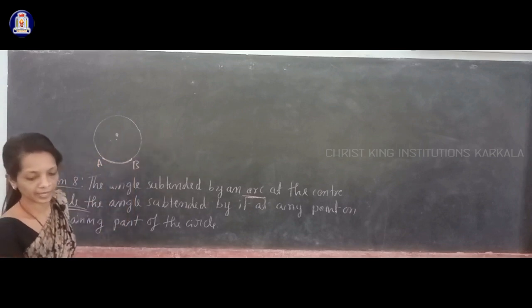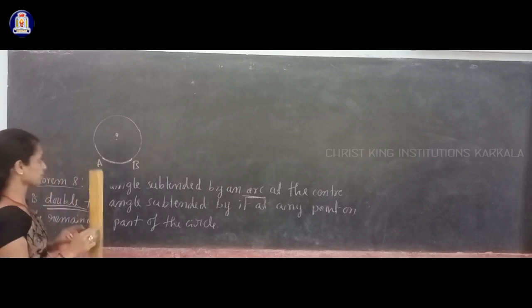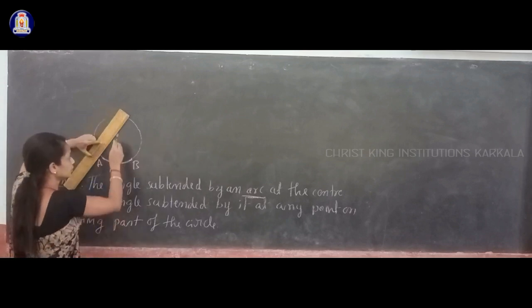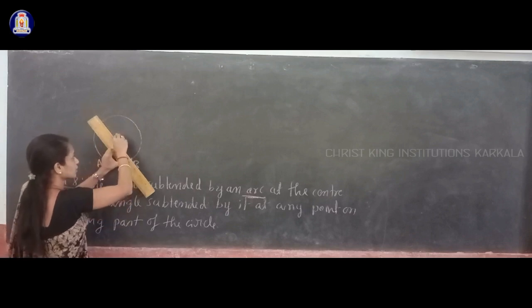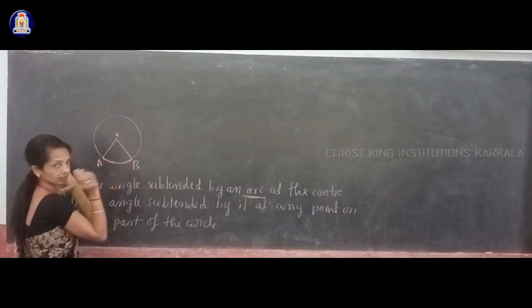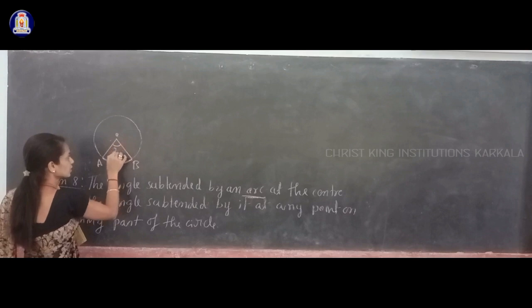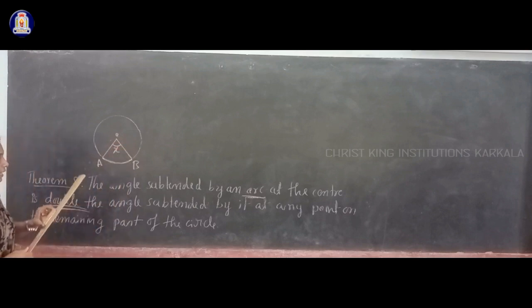To get the angle subtended by this minor arc at the center of the circle, you have to join the end points of this minor arc with the center. So this is the angle X, and what is that angle X?